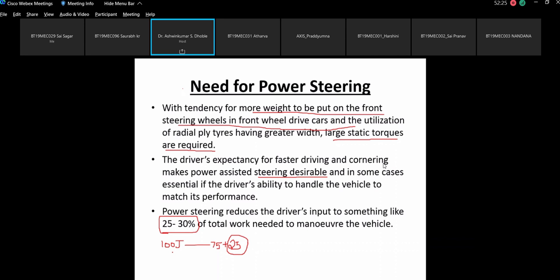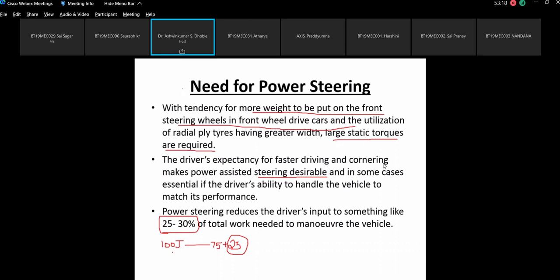That means some setting has to be done in the power steering in such a way that if the driver applies a force greater than the predetermined value, then to reduce his effort from putting in that high effort into the steering, it will be contributed by the power steering. Otherwise, at all other times, the power steering will not come into the picture. That is, power steering will come into play and work only when the driver's effort is more than a predetermined value. Otherwise power steering will not come into the picture.